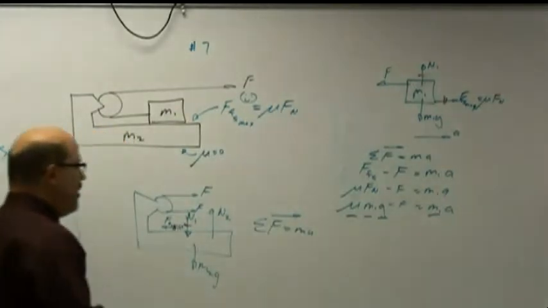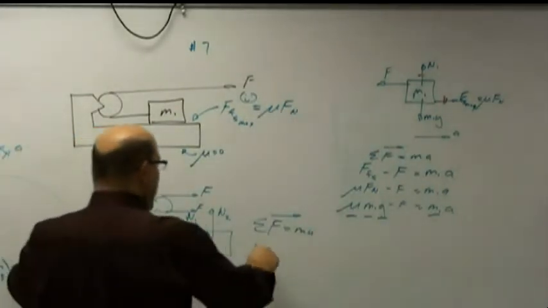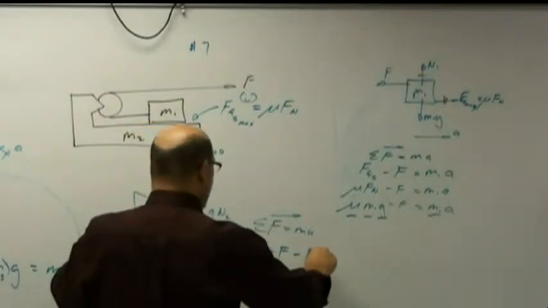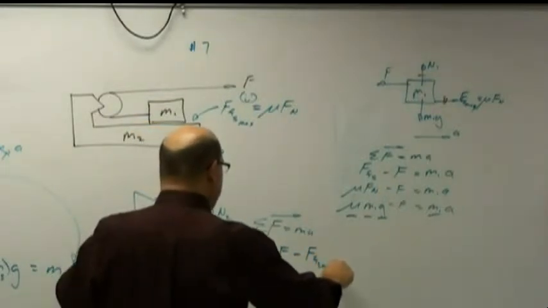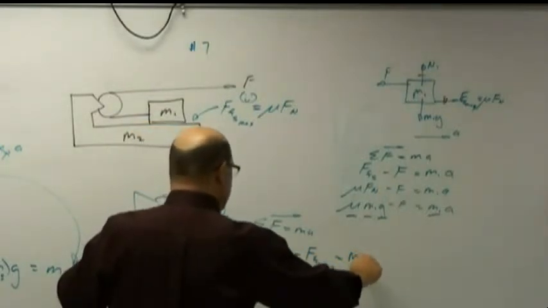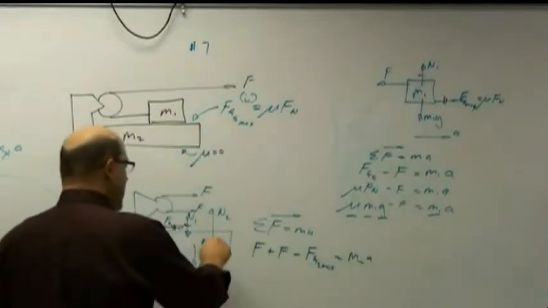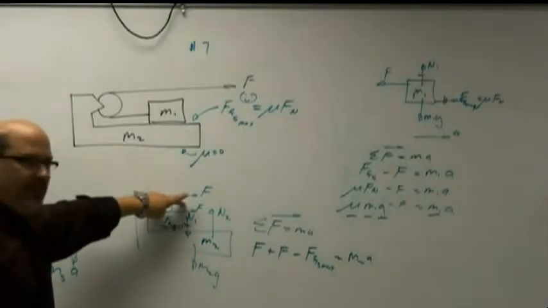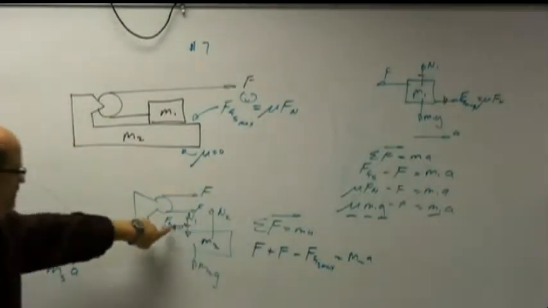We have F plus F minus the maximum static friction force equals M2A. This is M2. F plus F, but they're equal, so you could do 2F. You got it.